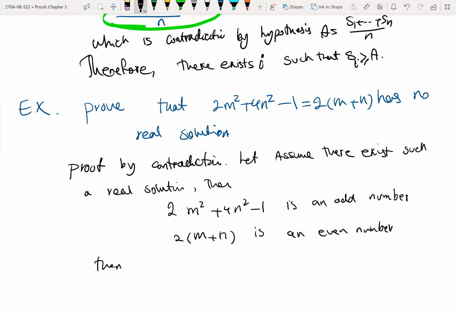Then this is a contradiction. Therefore, there is no real solution.